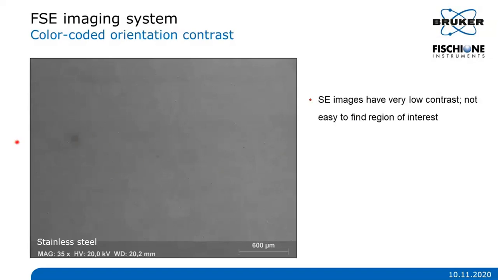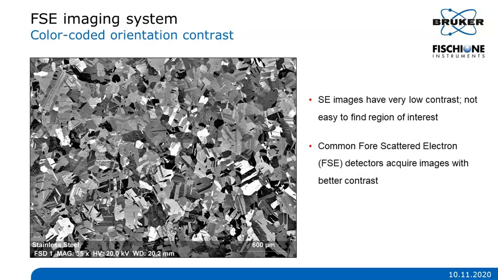And to alleviate this challenge, EBSD detectors have silicon diodes mounted below the phosphor screen to capture orientation contrast images, or FSEs, like this one, for instance. So as you can see here, FSE imaging achieves high intensity and high contrast orientation image of the tilted sample surface. The microstructure of the stainless steel is revealed.